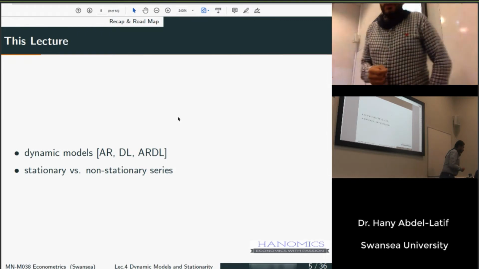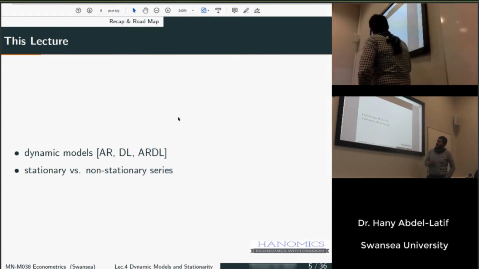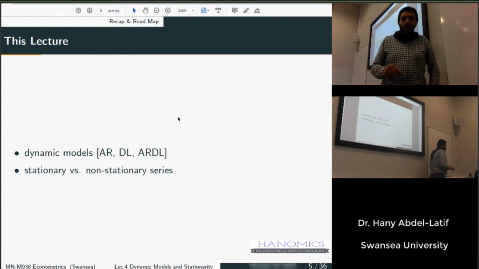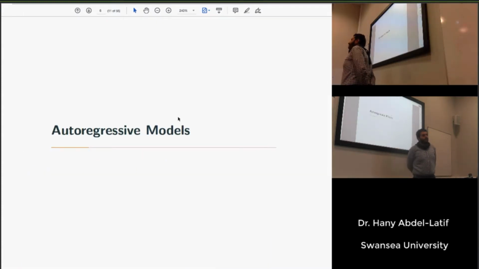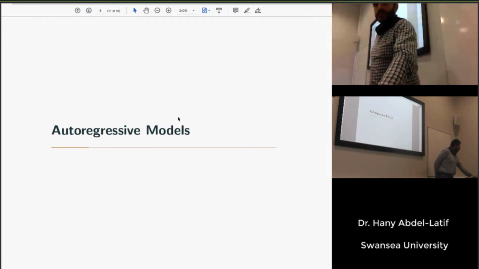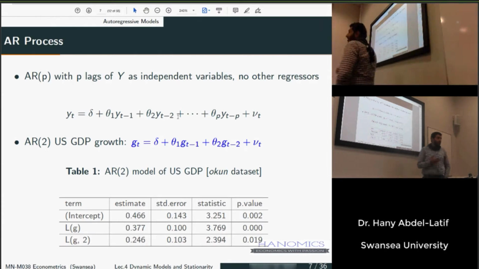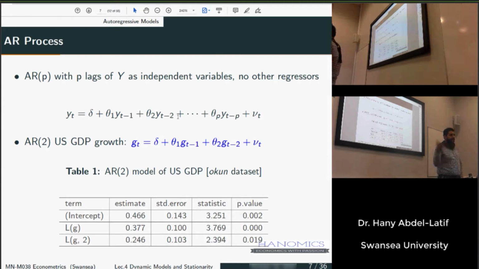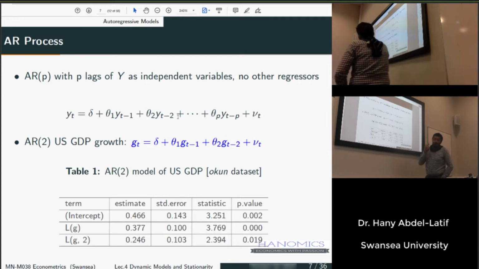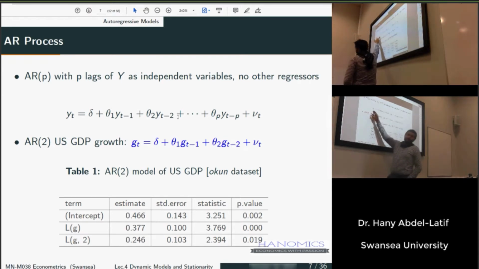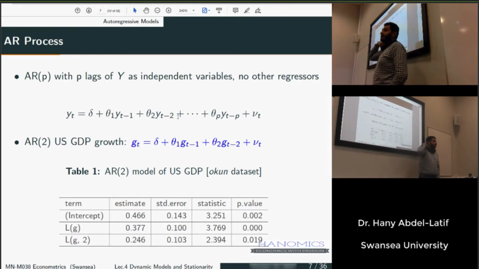If you cover these two points, that'd be great, and hopefully by the end of this lecture you will understand them. As I said, we start with autoregressive models. If we have an AR process, meaning that your variable, remember we talk about time series data now, you have your dependent variable y in time t depends on itself in time t minus 1.